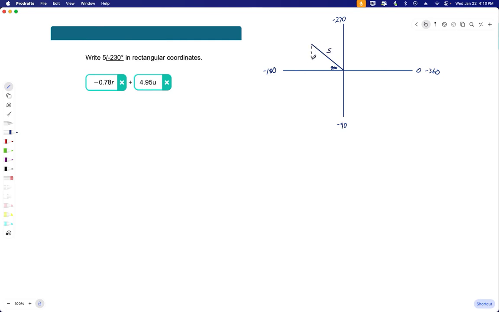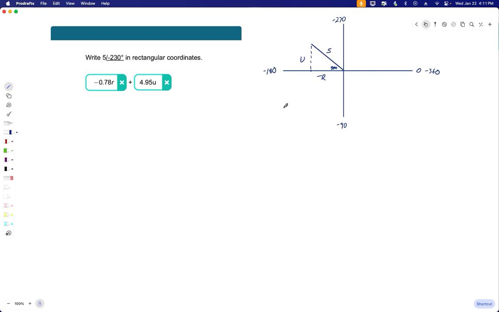So we're going to draw. And we can see that we have a positive u and a negative r. So negative r, positive u, which is really all we need to figure out is, where does it live in the system?